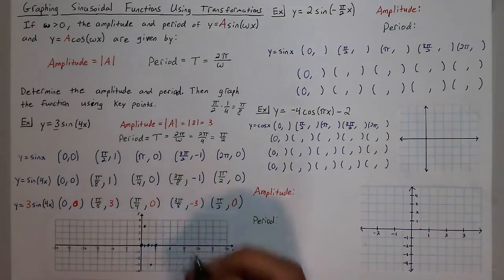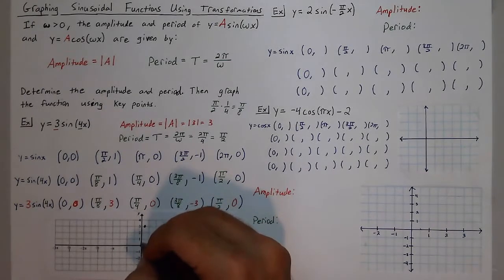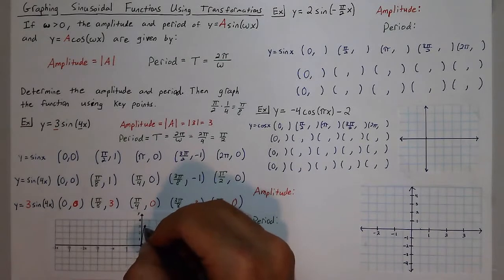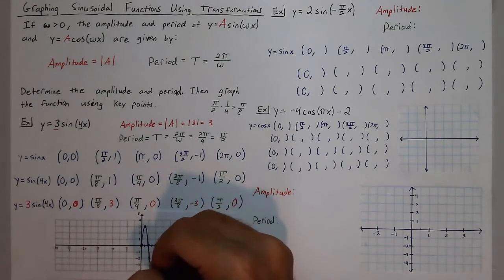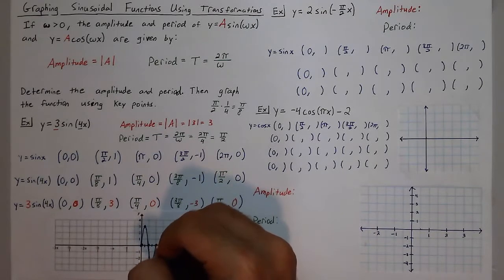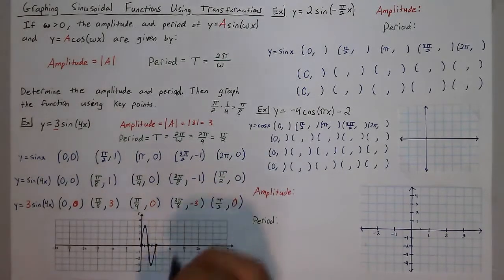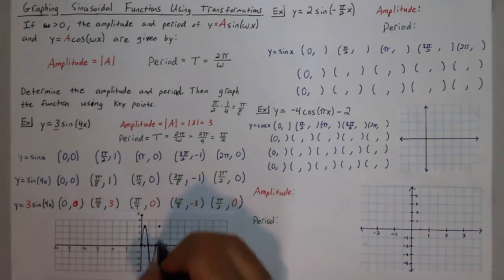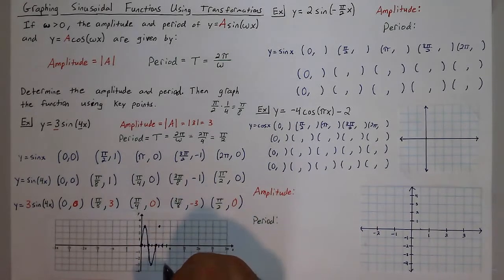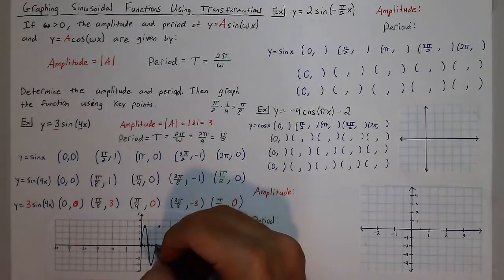Then back to 0. If I were to draw this, it would be a very tall wave, and it can repeat this pattern over and over again. So again, putting these little points in between, it would be 0, 3, 0, negative 3, 0. And I can draw it again.